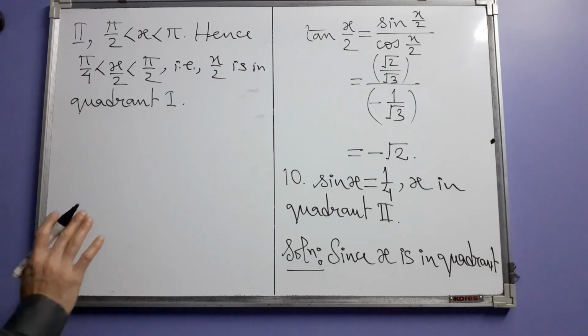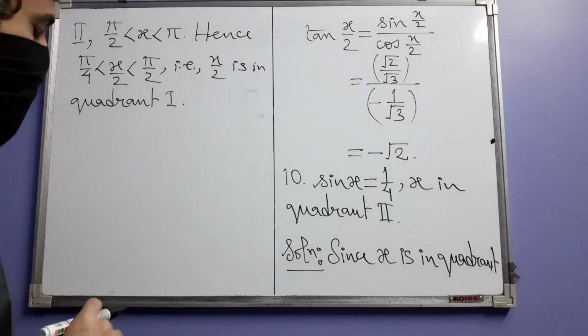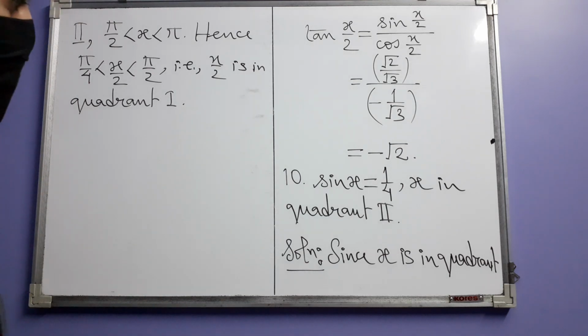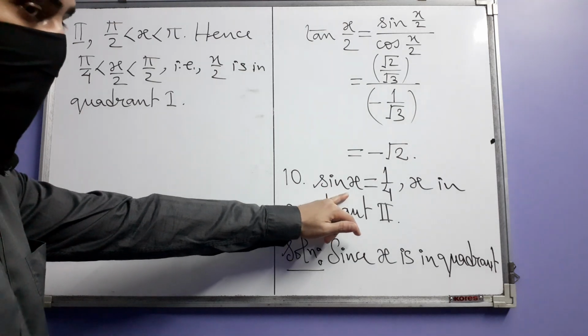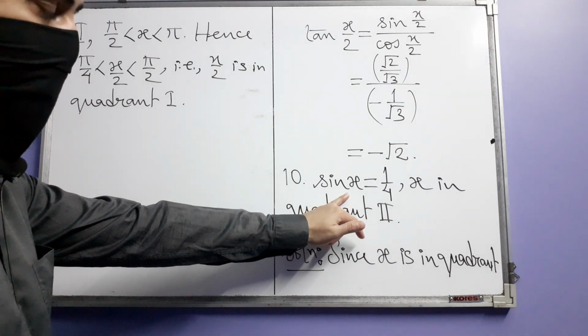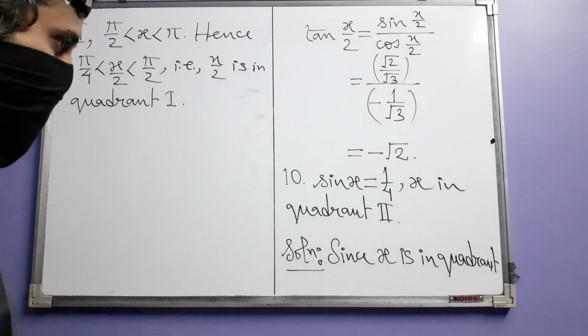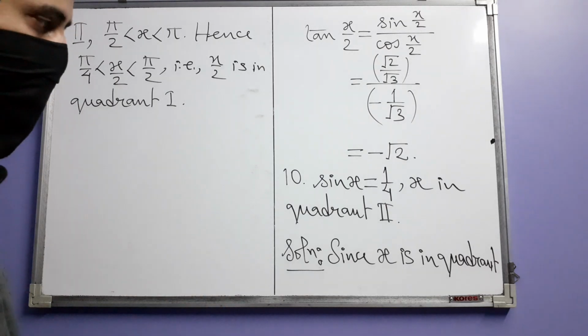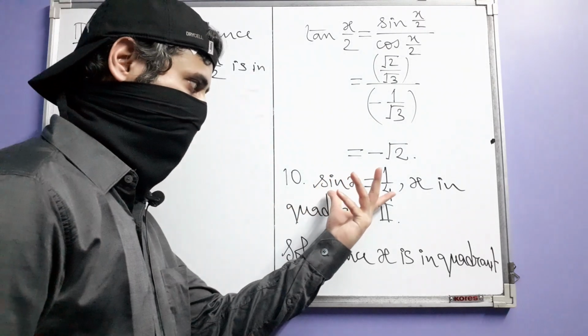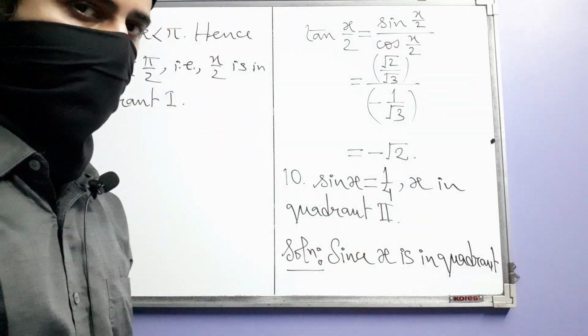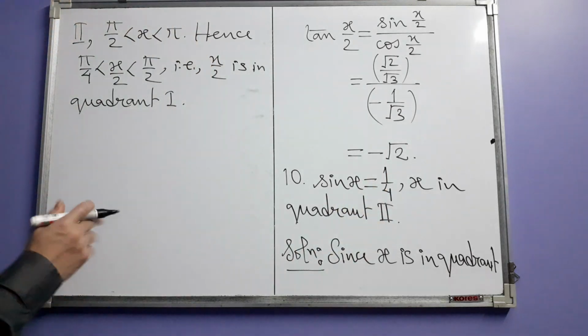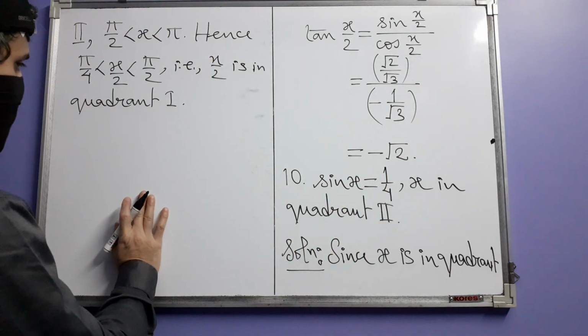Okay, now what shall we do? How shall we proceed? Let us first calculate cos x. It's just the way things are, okay. Directly from this it becomes a little difficult to find the values. So let's first find cos x.